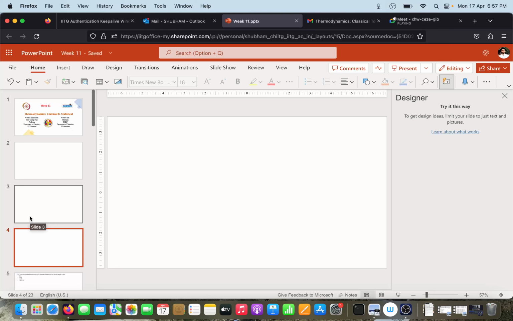Okay, 2 by 3 here. 1 into 10 to the power 21 plus 6, 27 to the power 2 by 3, and this side it is 3.9 divided by 18.2. This is 2.4 into 10 to the power minus 68 plus 31, that is 10 to the power minus 37. So we can solve this.